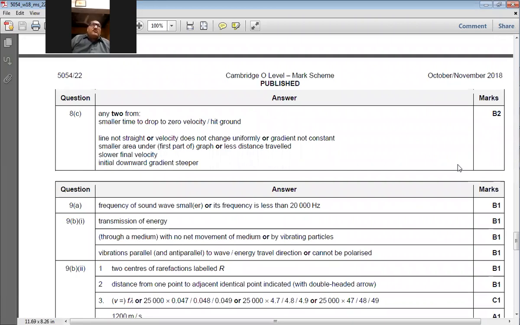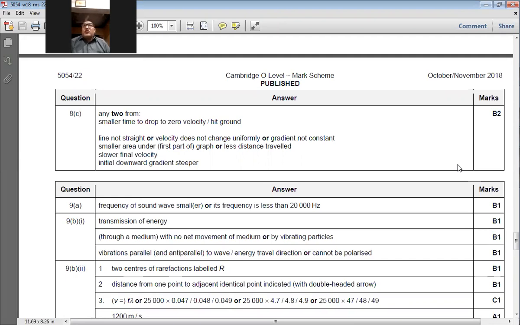Any two from: smaller time to drop to 0 velocity or hit the ground; line not straight, or velocity does not change uniformly, or gradient is not constant; smaller area under the first part of the graph or less distance traveled; slower final velocity; initial downward gradient steeper.